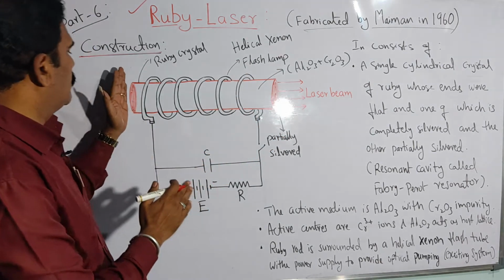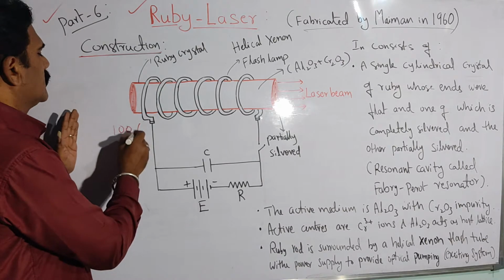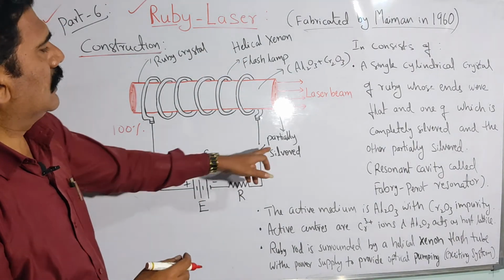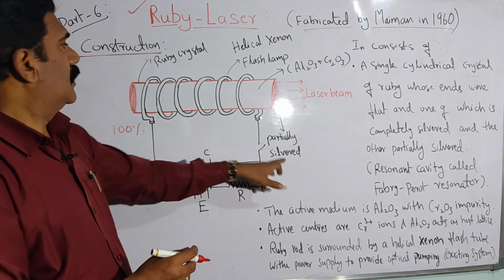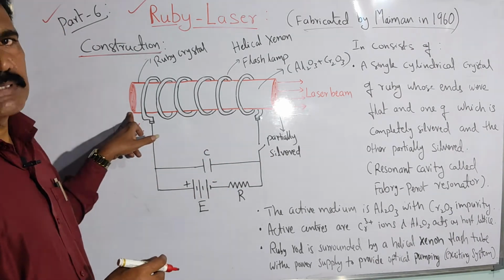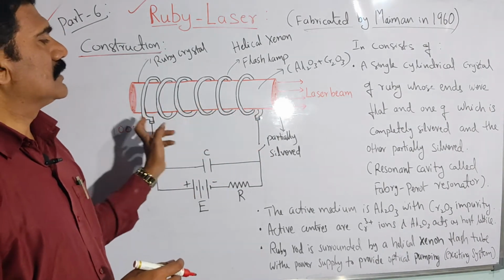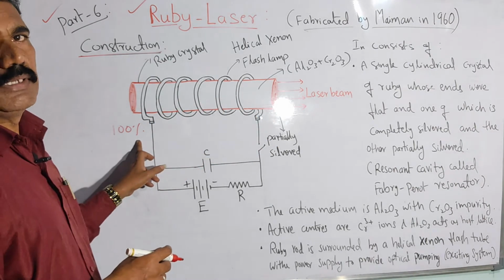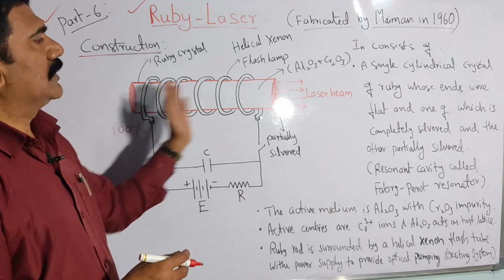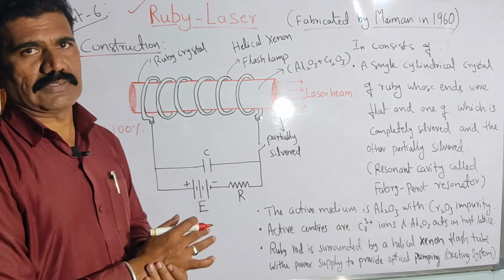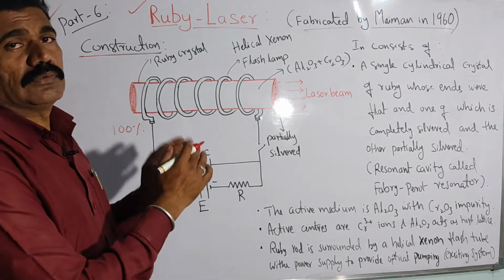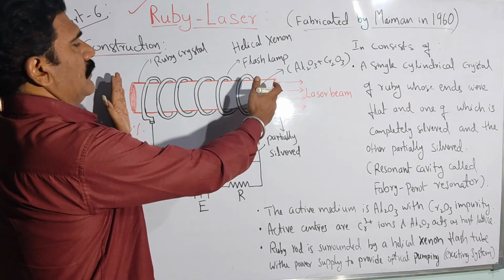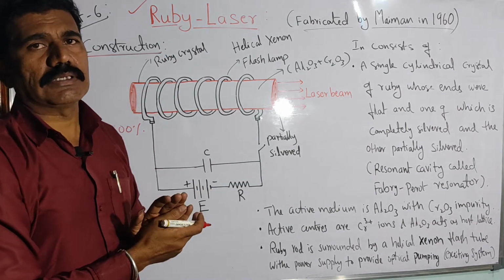One side is highly polished, 100% silvered, and the other side is partially silvered. I will tell you later why a partially silvered side and a 100% silvered side are required. They behave like reflecting mirrors, because we need to create a resonant cavity between these two ends of the crystal.